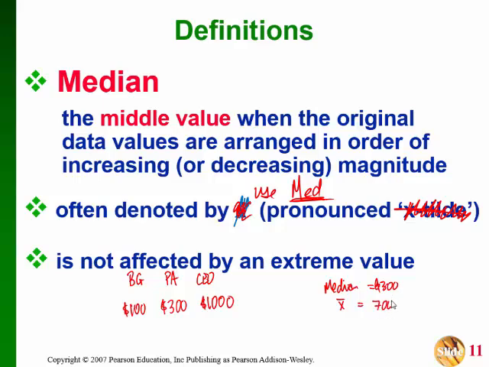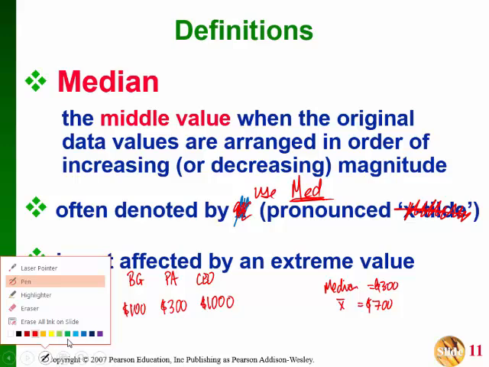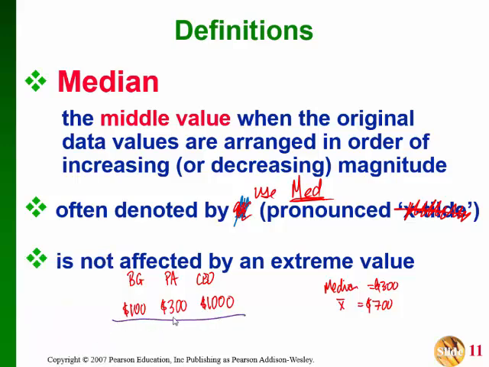Wow. So you see that in these 2 different scenarios, where we have drastically changing means, X bar changes from 700 to 1,700, while the median stayed the same, that tells us something significant about the median.